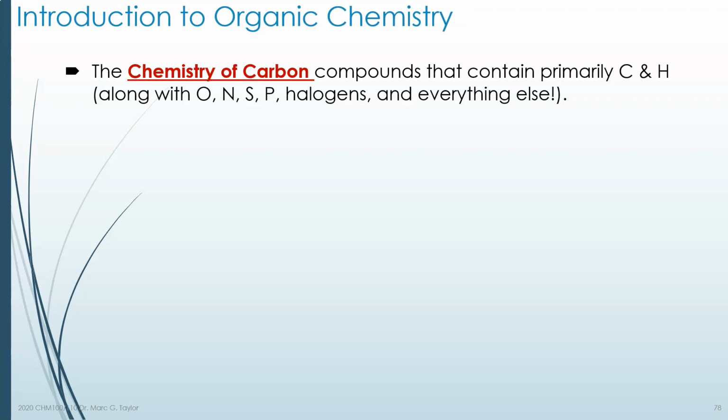Now, there are a variety of sub-definitions of organic molecules. Some people say that it's not organic until it has at least one carbon-to-carbon bond in it. But there are some molecules that only have a single carbon that are considered organic, like methane, and there are other compounds that have only one carbon, like carbon dioxide, CO2, that are not considered organic molecules.